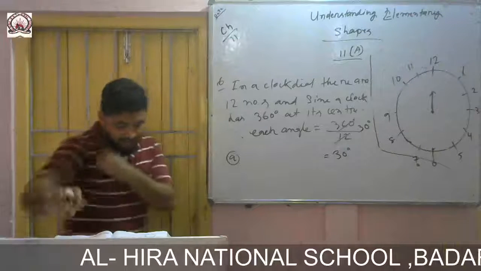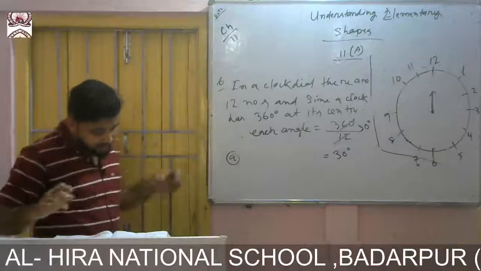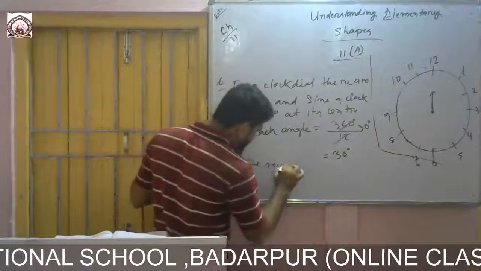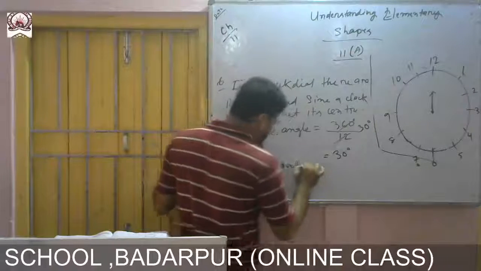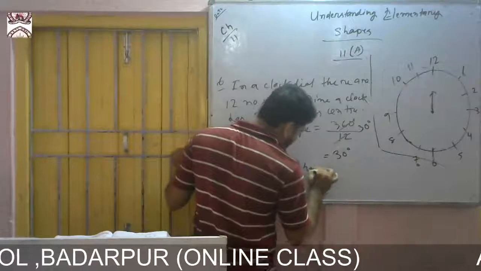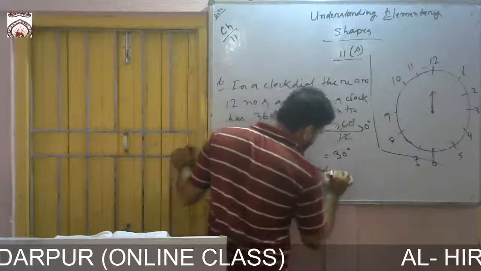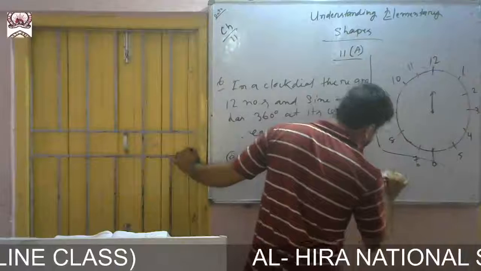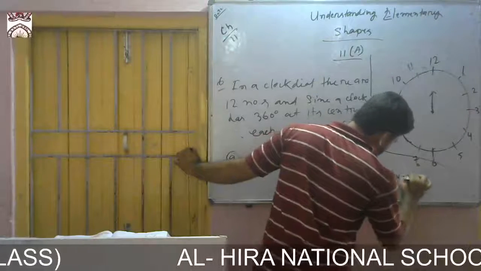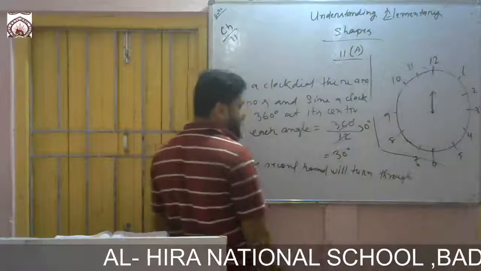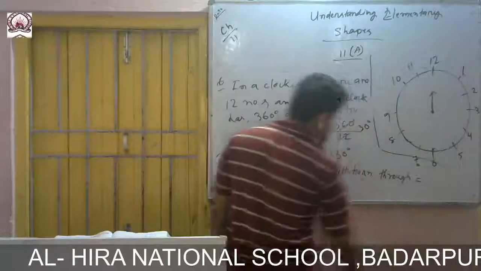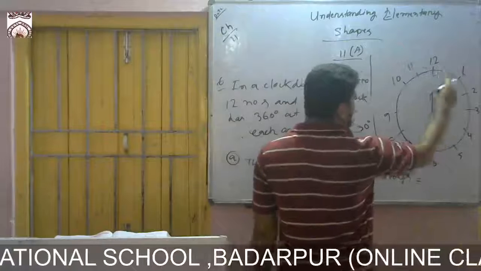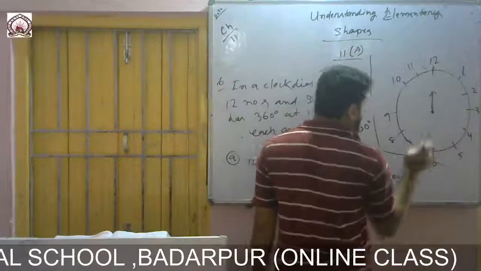So write: the second hand will turn through, from 12, 1, 2, 3, 4, 5, 6.